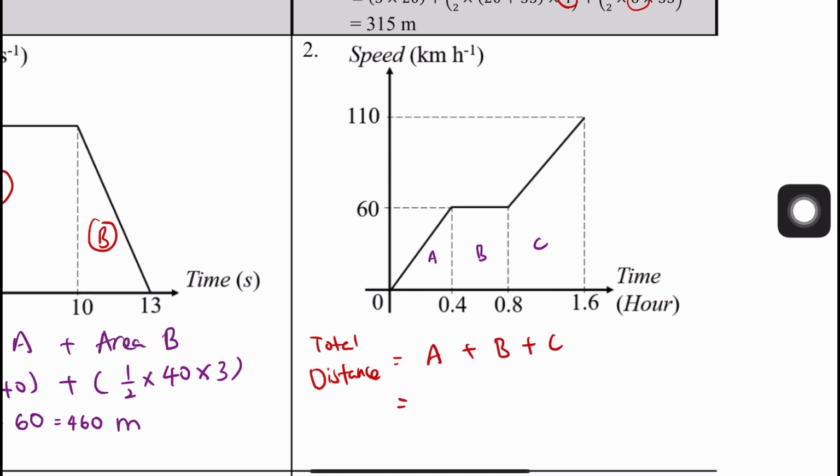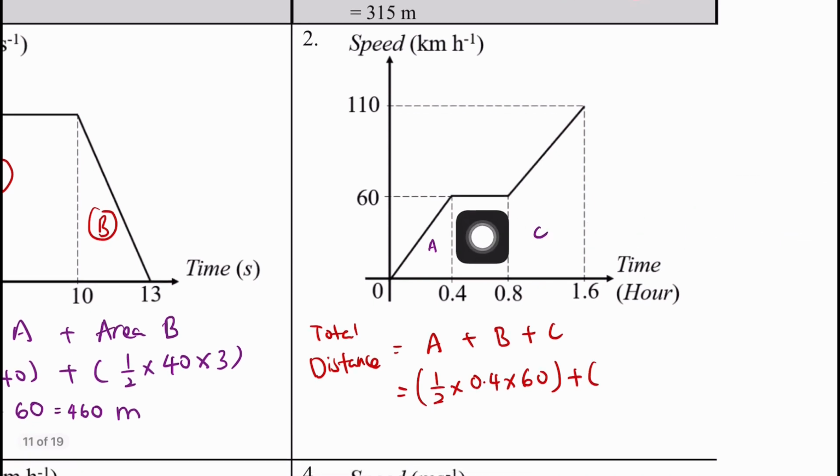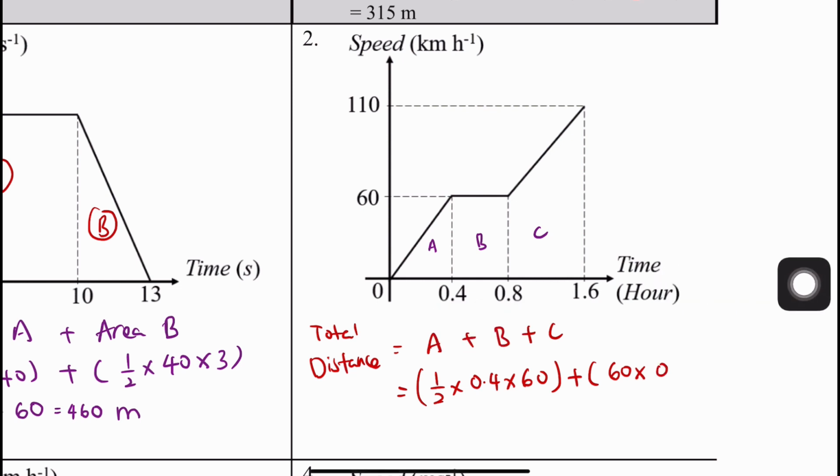So triangle is 1 over 2 times base 0.4 times height 60, plus B, which is a rectangle. So we have 60 times the base, 0.8 minus 0.4, which is 0.4.